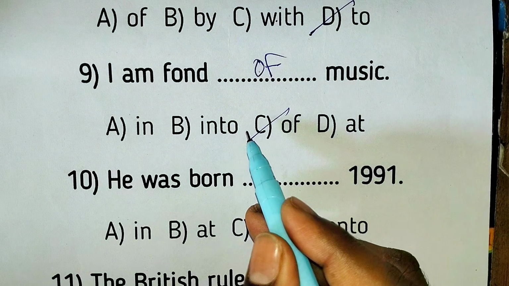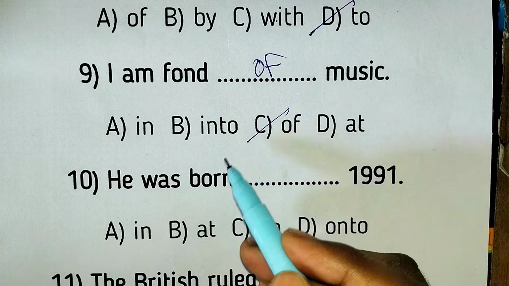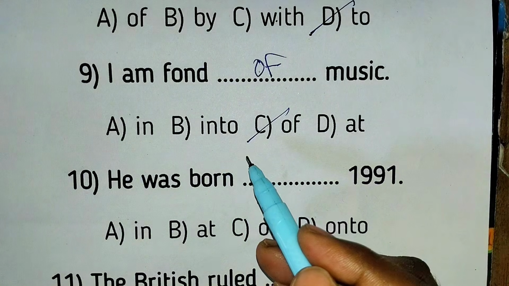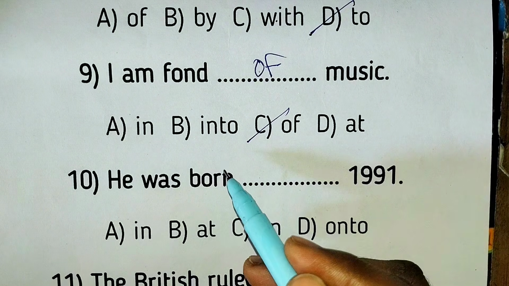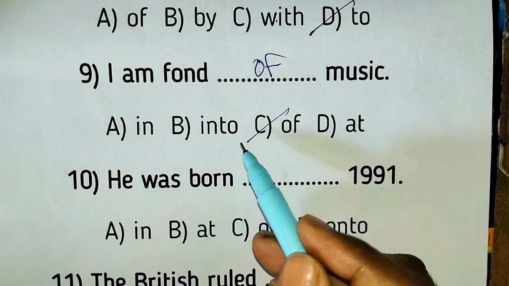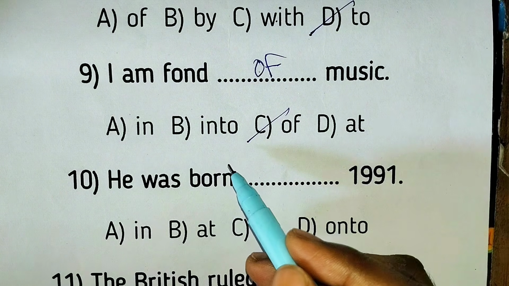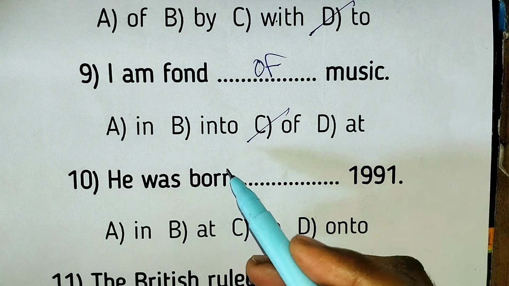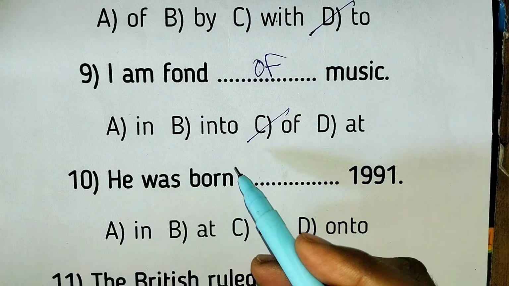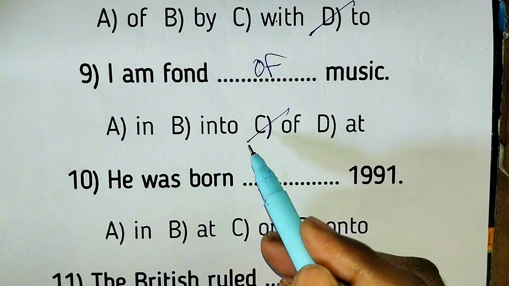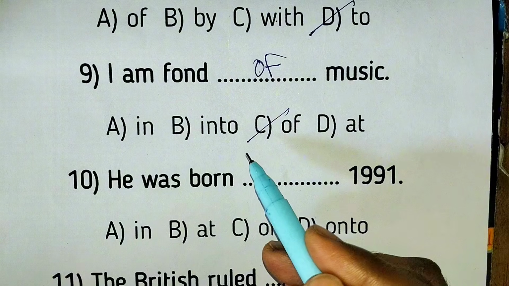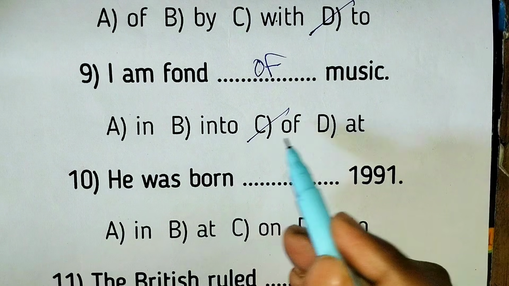It is a prepositional phrase that expresses a liking or affection for someone or something. There are a lot of examples. He is fond of reading newspaper. They are fond of playing cricket. But we have to use of with fond because it is a fixed preposition. There is no alternative. That's why of is the right answer.